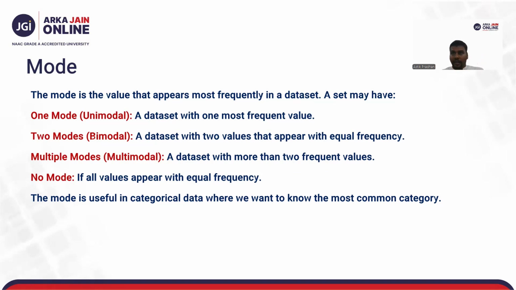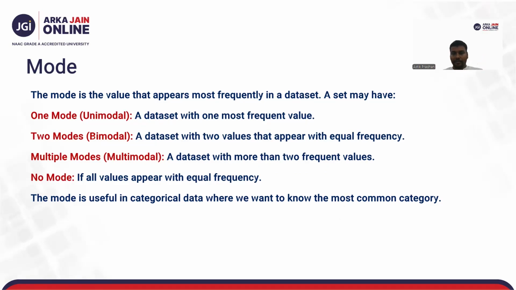Based on the frequency, the value with the highest frequency will be considered as the mode. The mode is useful in categorical data where we want to know the most common category. So to identify the category, mode is used as the measure to classify, to categorize the data.